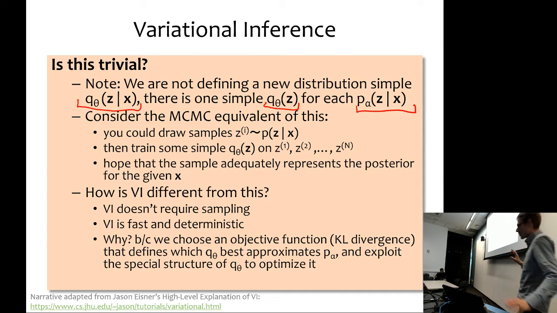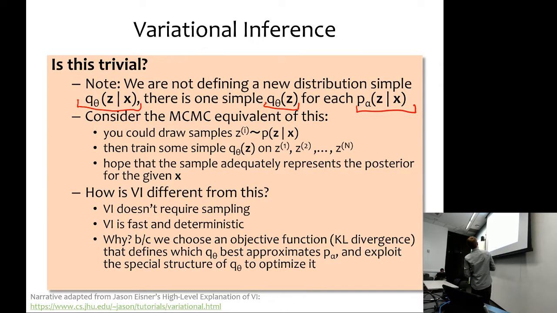Suppose you tried to do this with MCMC. Well, you could draw a bunch of samples from, say, the posterior P of z given x. Call those z1, z2 up to zn. And then, let's say for that particular x, you train some new model, q theta of z, on those samples.